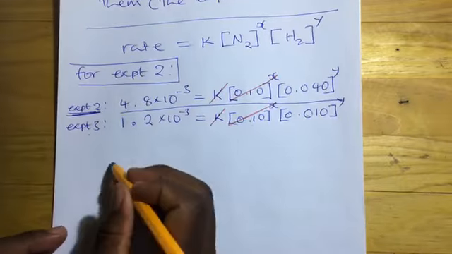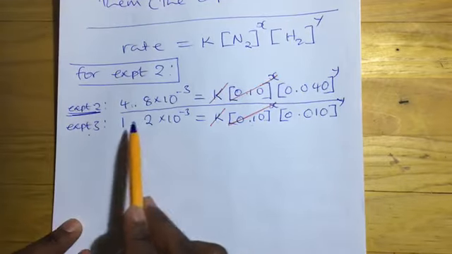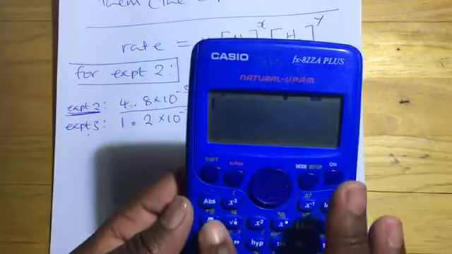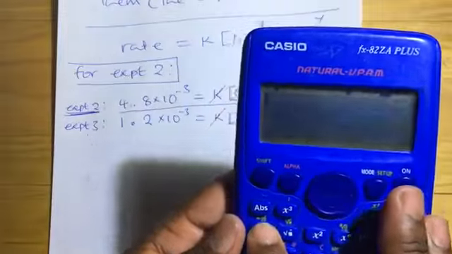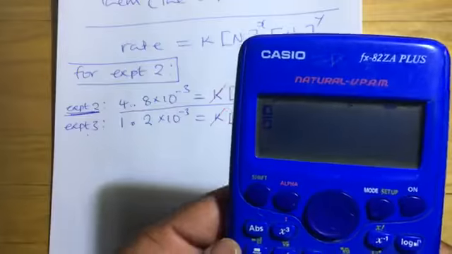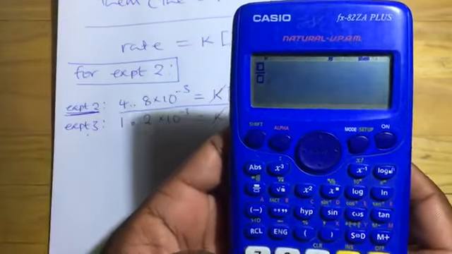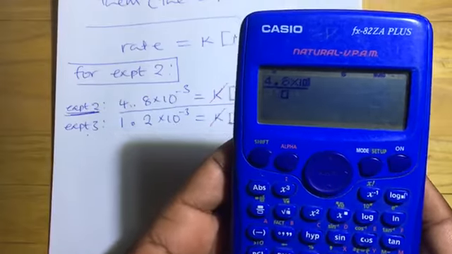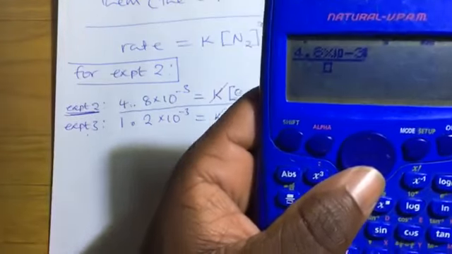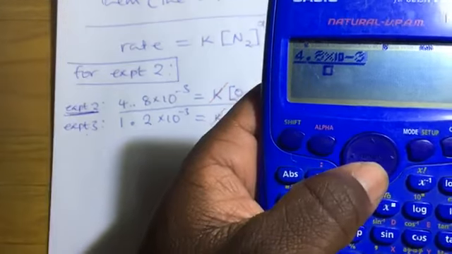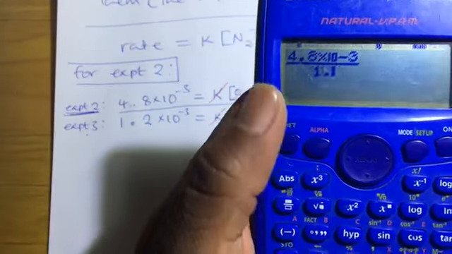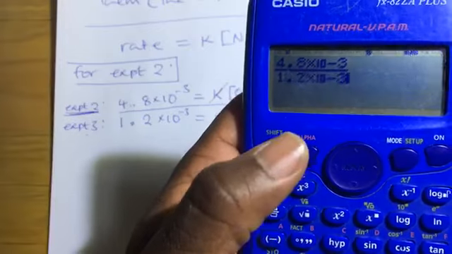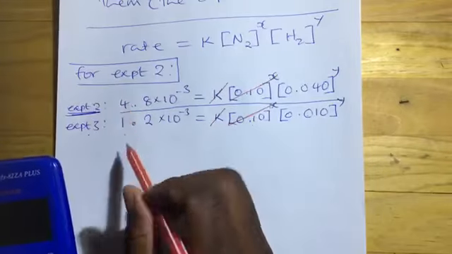Okay, next. So it will be this divided by that. Now, some of your calculators are not able to do this, so just make sure you know your calculator well. This is going to be 4.8 times 10 to the power negative 3 divided by 1.2 times 10 to the power negative 3 as well.